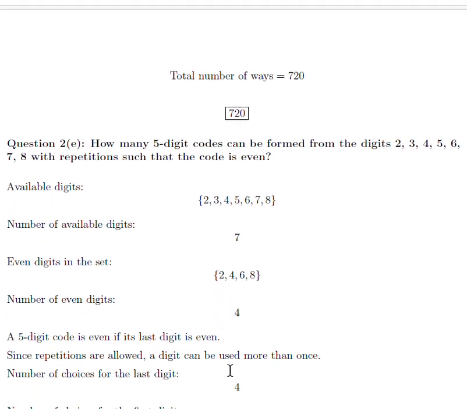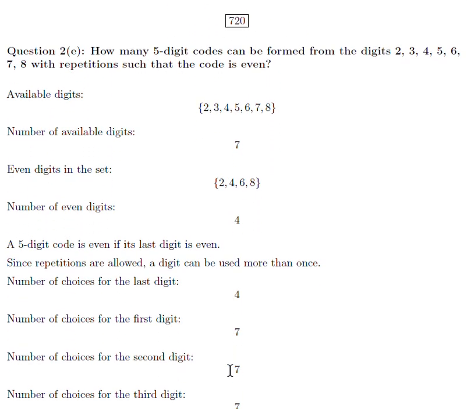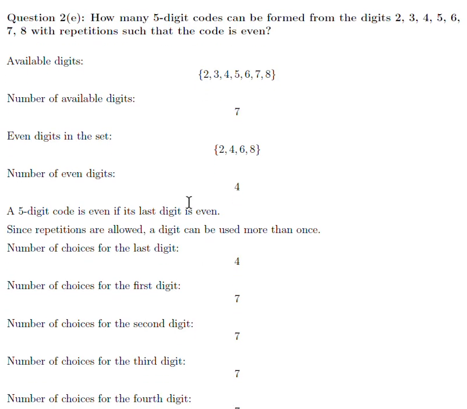Now this is a case where repetition is involved. How many 5-digit codes can be formed from the digits 2, 3, 4, 5, 6, 7, 8 with repetitions such that the code is even, right? If the code is even, we've seen earlier that the code must end with 2, 4, 6, 8.